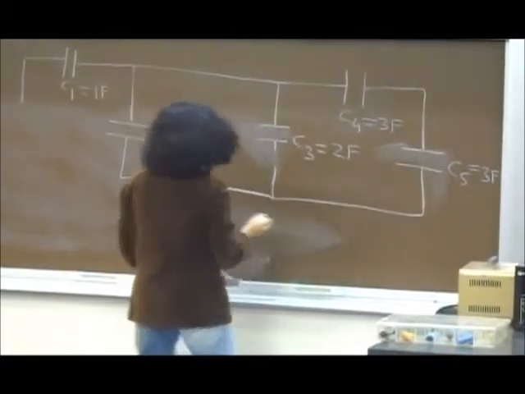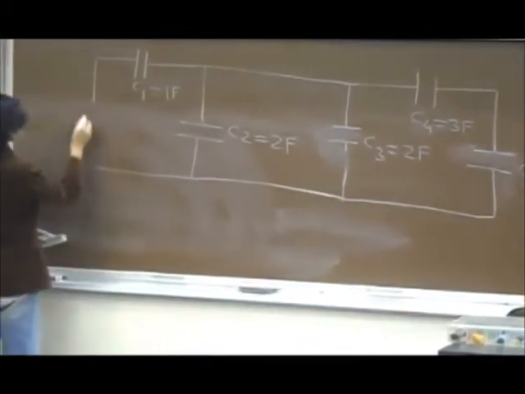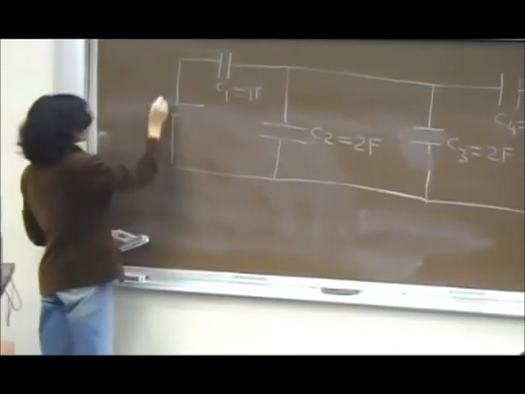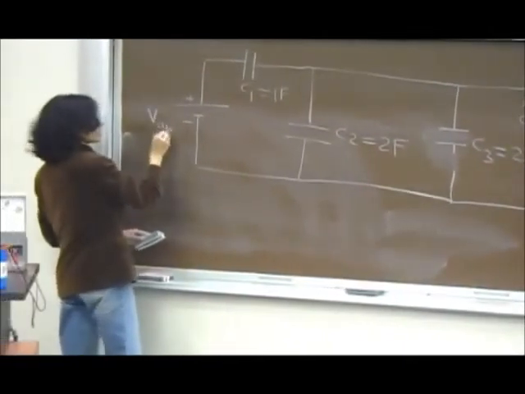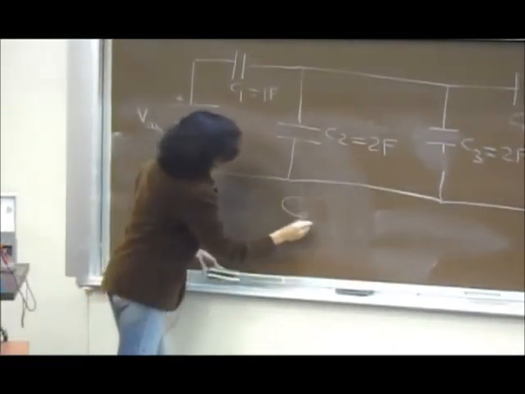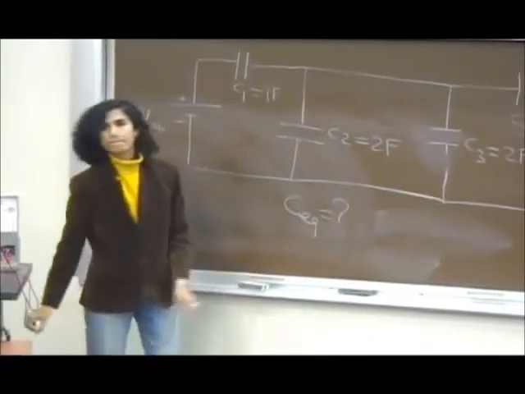And here is some battery, plus minus, this is your VAB. The question is asking you, what is C equivalent of the circuit?